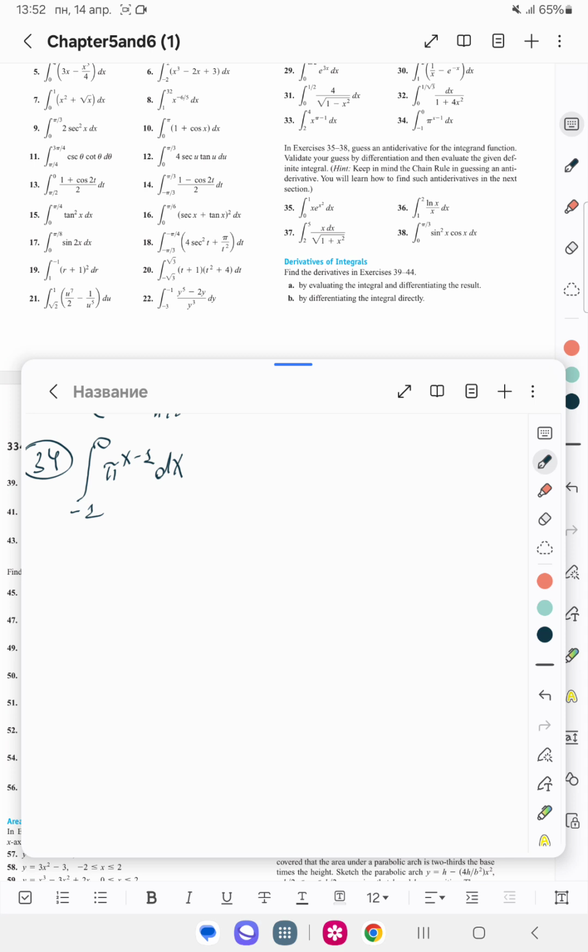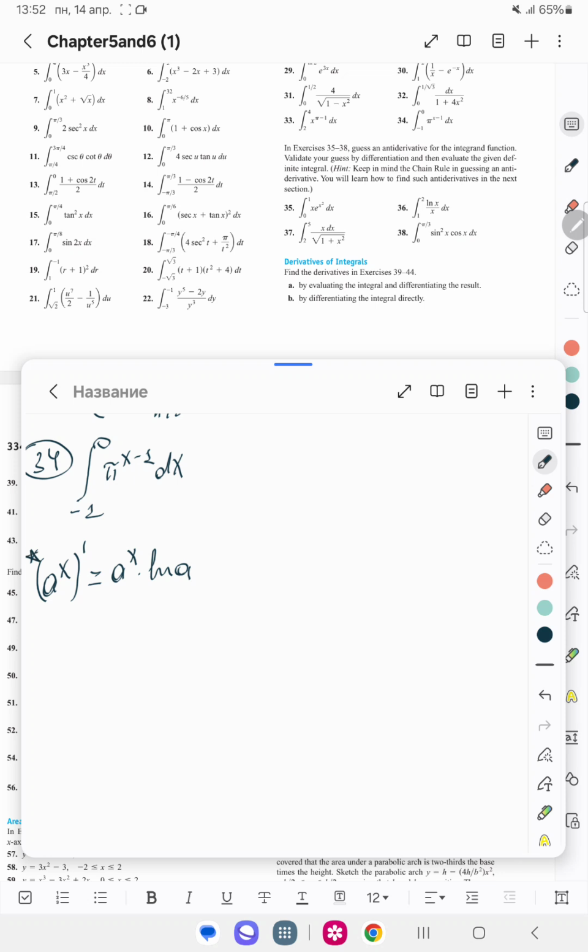We should know that. I think we have talked about it, like a to the power of x: its derivative is a to the power of x times ln a. So the antiderivative of a to the power of x will be a to the power of x over ln a.